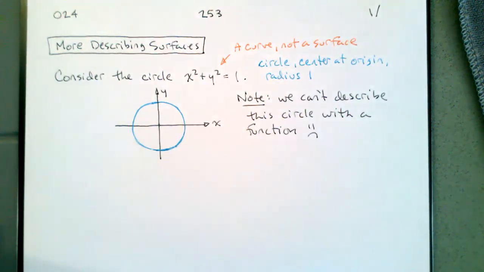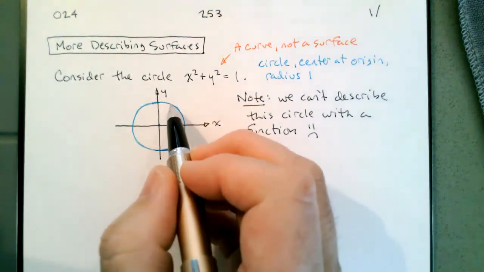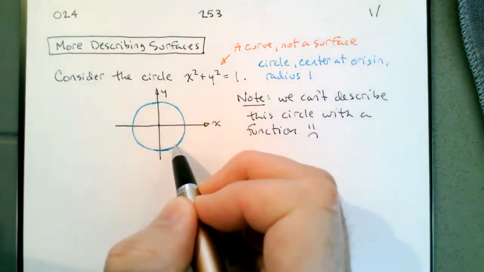With a function, any input should lead to exactly one output. We can't have an input and come up with two different outputs. When I plug in this x, I don't get one value. I get this value up here, and I get the value down here.